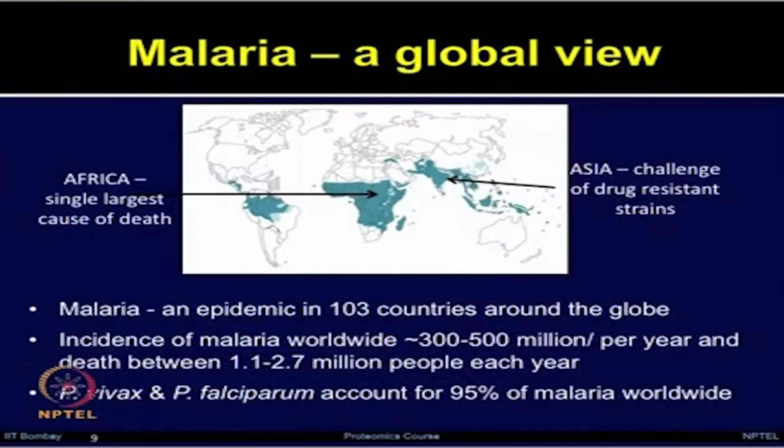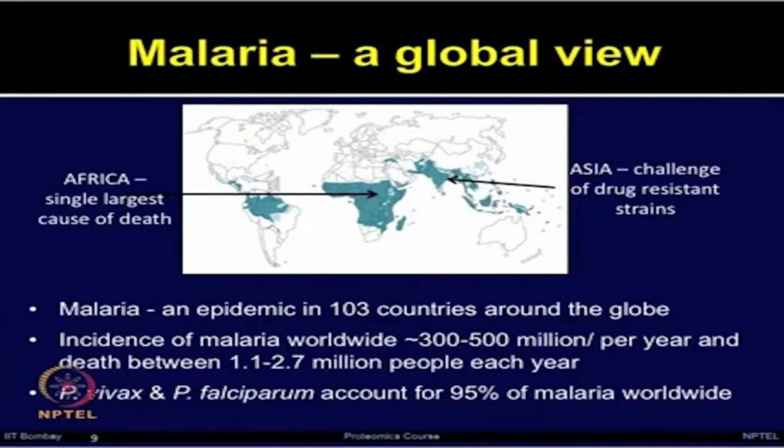If you look at this map of world population, overall Asia and Africa are mostly affected by malaria. Asia is suffering from the challenges of drug resistant strains of malaria, and Africa is still the single largest cause of death due to malaria.